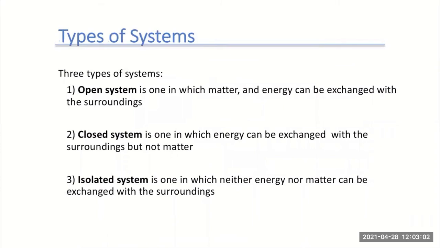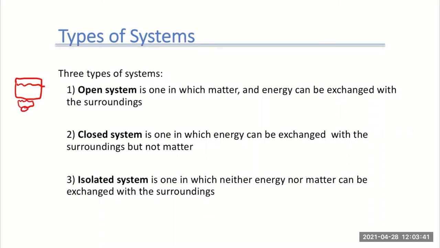Now when we talk about a system, we have different types of systems. Our first one is an open system. That's one where matter and energy can be exchanged with the surroundings. So let's say you have your pot of water. We're going to make pasta, and it's on top of our stove. With our pot of water, we're heating it up.